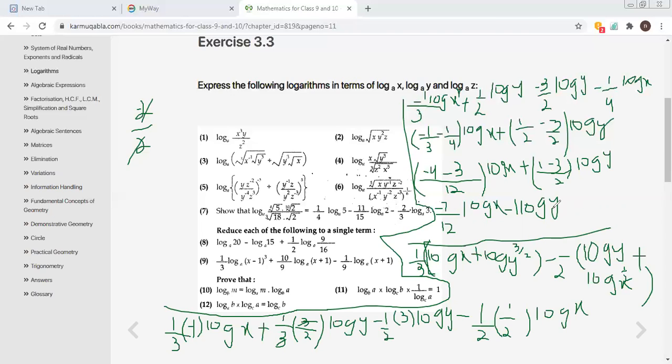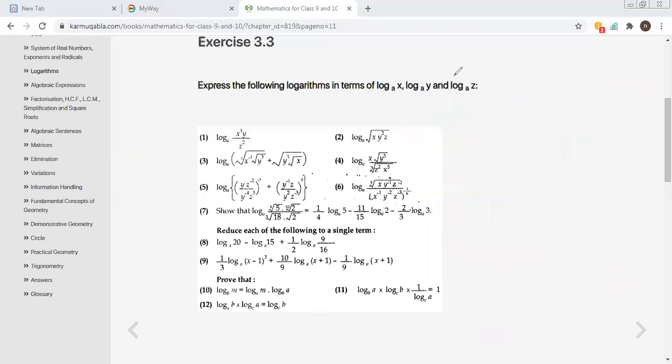Done, class? Yes. Okay. Now it's enough. And further questions, question number 4 is same, just in fraction form. First you will open it according to law number 2, just like log a of x, x under root y cube.